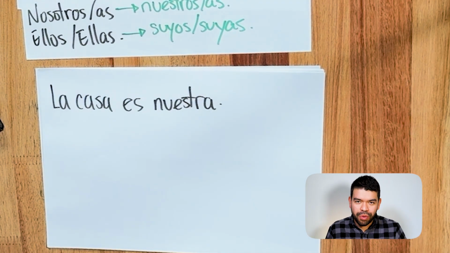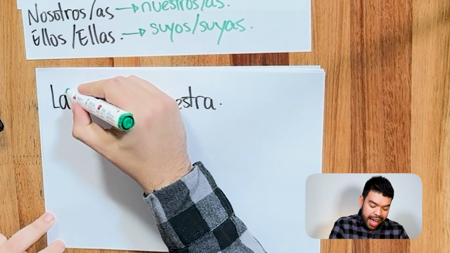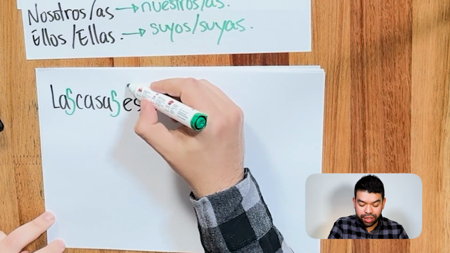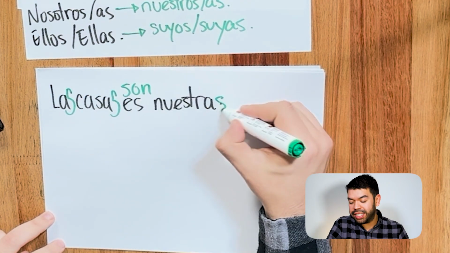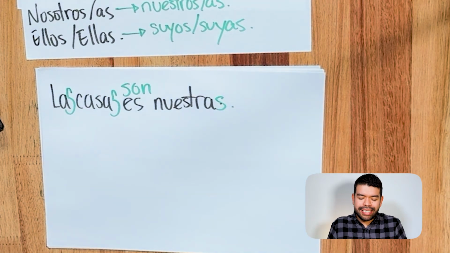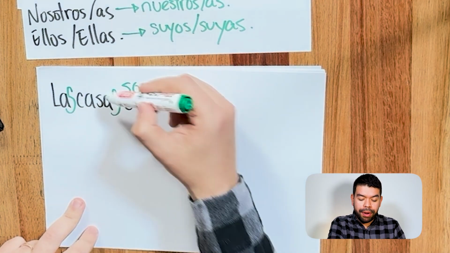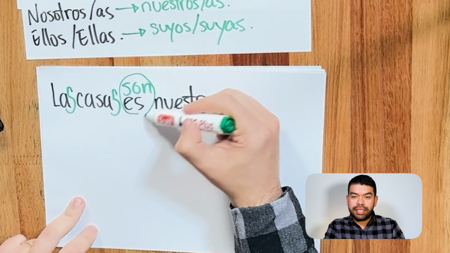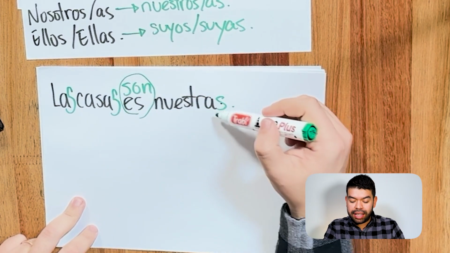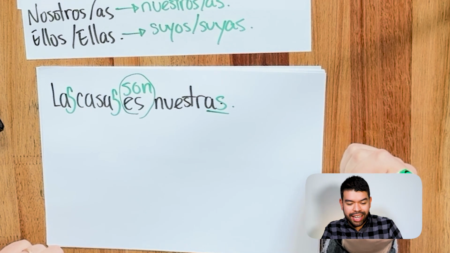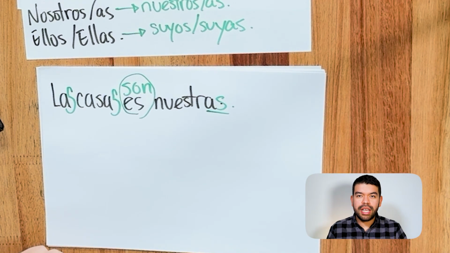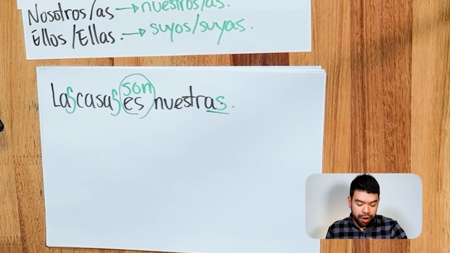What if we have more than one house? Las casas son nuestras. Oh my God, beautiful. Makes sense. Plural, feminine. The verb changes, and then the plural form here in the long form of this possessive adjective. Very interesting.